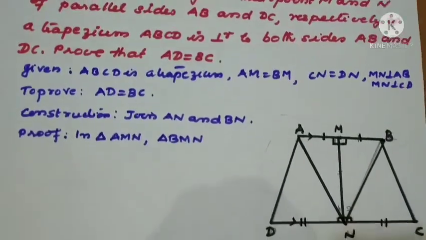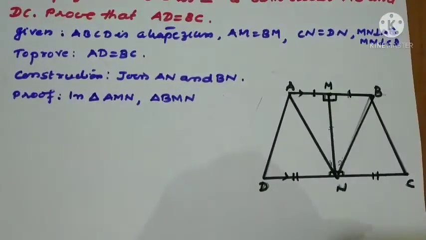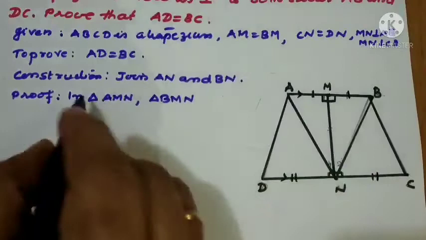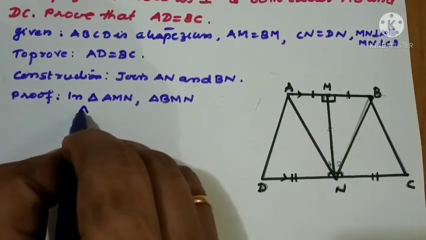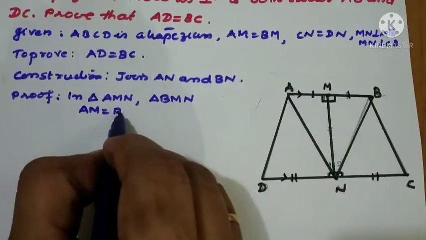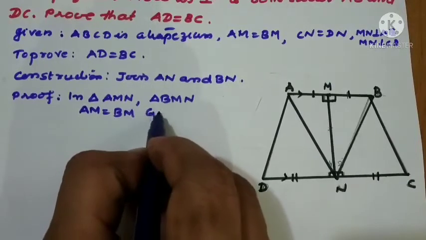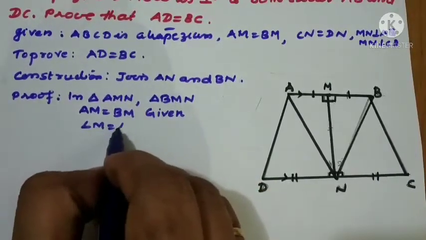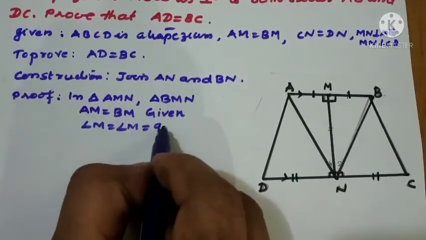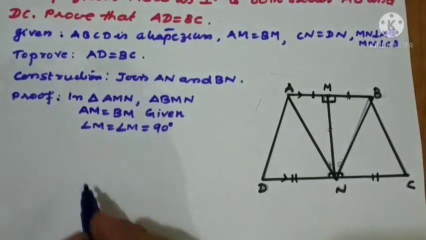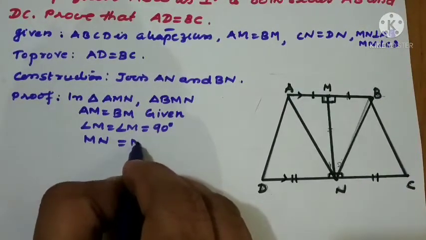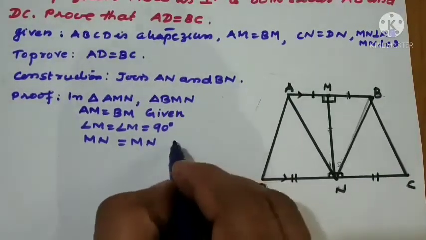Now you can see the figure and understand the equal sides. AM equals BM, given. Angle M equals angle M equals 90 degrees. Now MN equals MN, common.